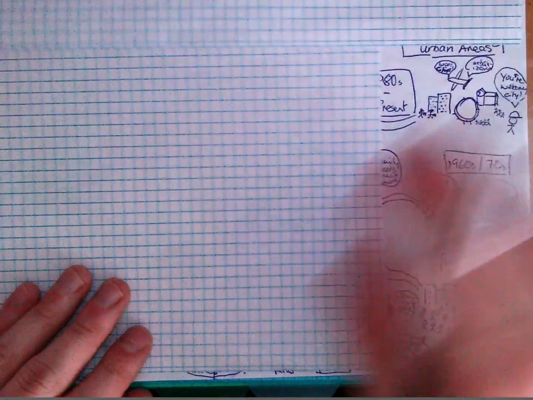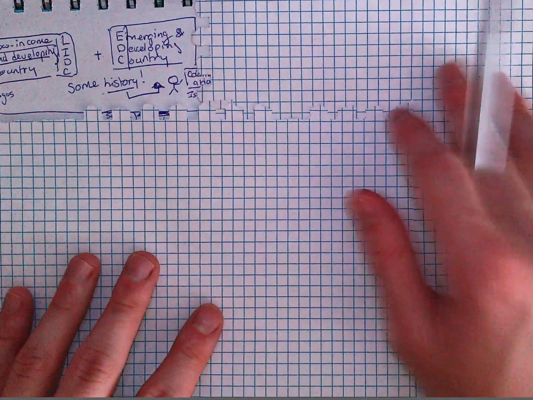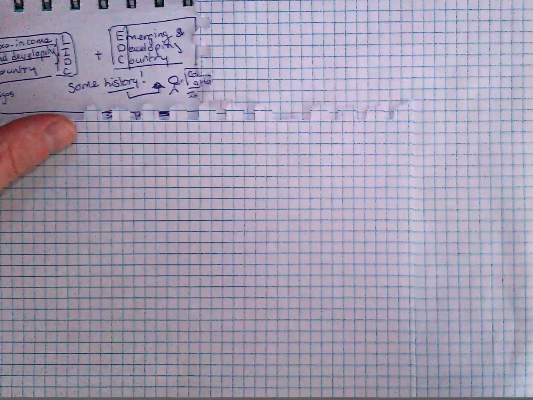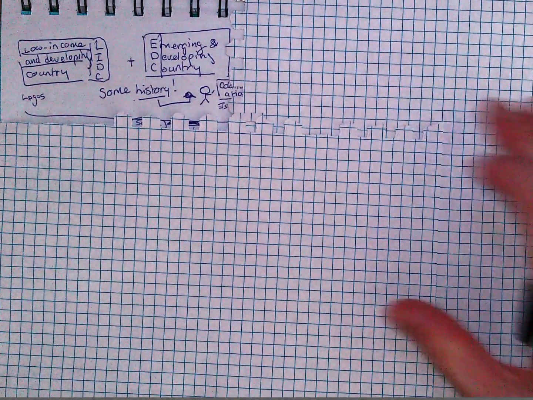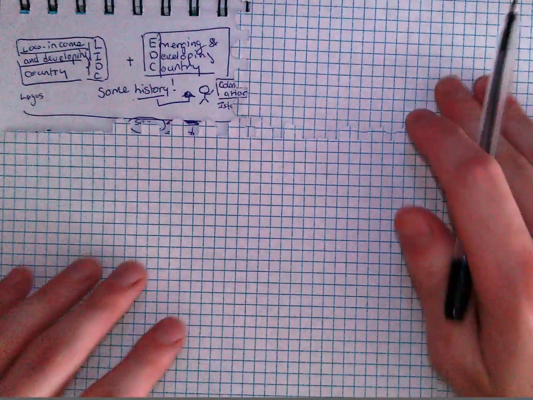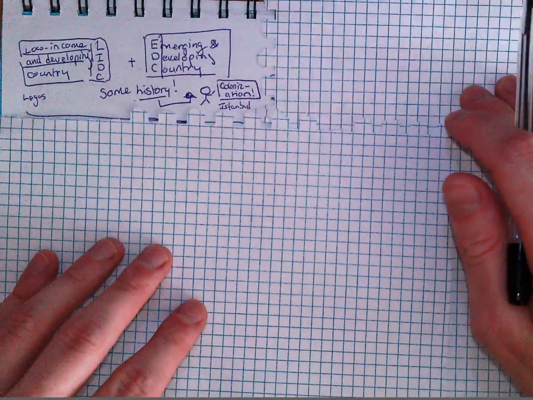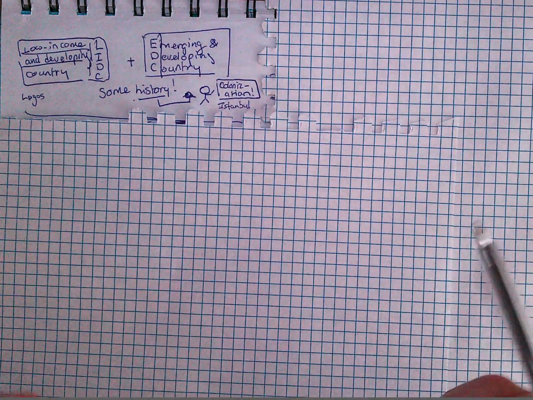So we're now going to block that and come over to this area here of low income and developing countries. Okay, and emerging and developing countries, and what's the difference? So emerging and developing countries and low income and developing countries only recently experienced this urbanization.